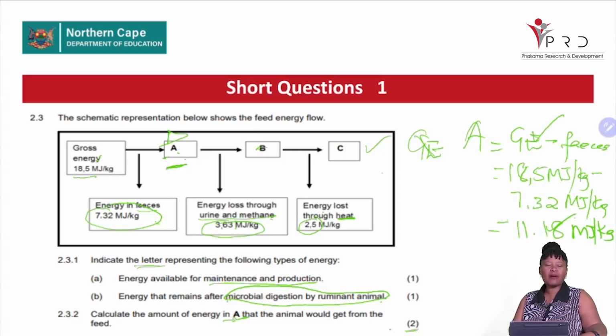Remember, microbes or microorganisms digest cellulose. And when cellulose is digested, the volatile fatty acids are formed, and that's why we are talking of these gases that are also formed that need to be released. If not released, they lead to bloating. That's why it qualifies for B, because it is after that, as the question talks about after microbial digestion.